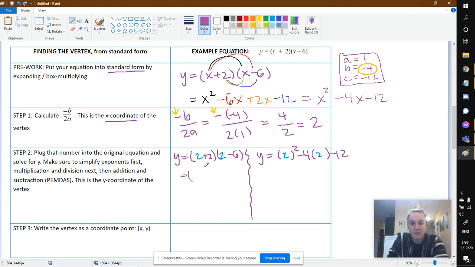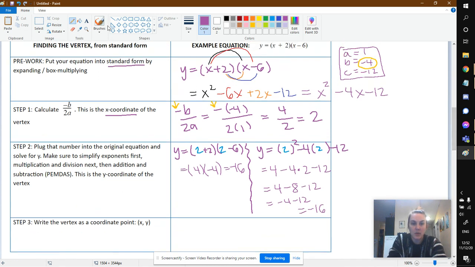For the factored form, when we plug in 2, we get 2 plus 2 is 4, 2 minus 6 is negative 4, and we get that the y-coordinate is negative 16. For the standard form, we do the exponents first. We do the multiplication next. And then we do addition and subtraction last of all. But either way, we get negative 16 is the y-coordinate of our vertex.